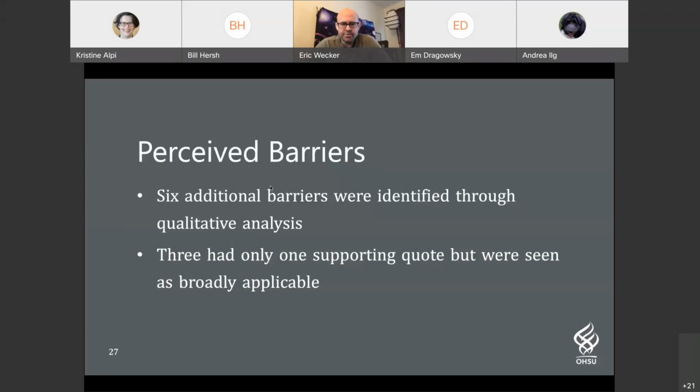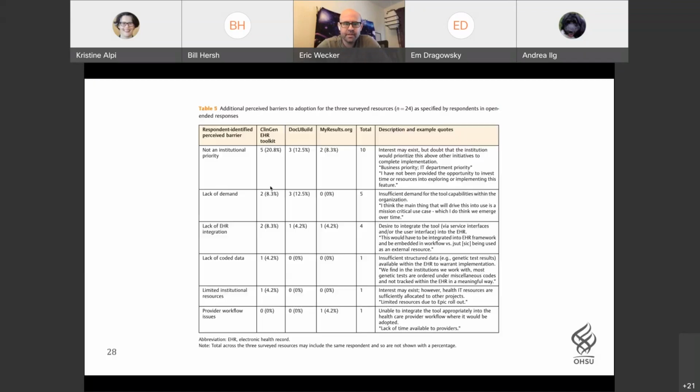And then through the qualitative analysis, the authors identified 6 additional barriers that they thought deserved consideration. They said that 3 of them had only 1 supporting quote, but they did see them as broadly applicable, so they warranted their own tag.